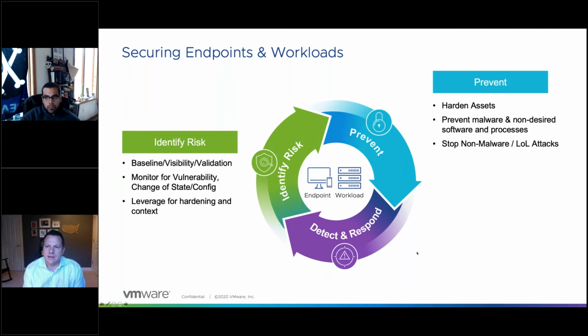protection so that if a risk has not been mitigated and the attacker is able to get in, what can I do to harden the environment, look for malicious activity, prevent malicious action, and that can either be in the form of a malware-driven attack.